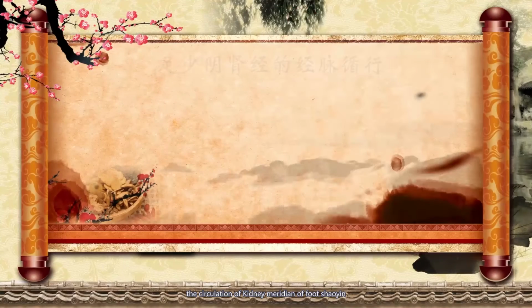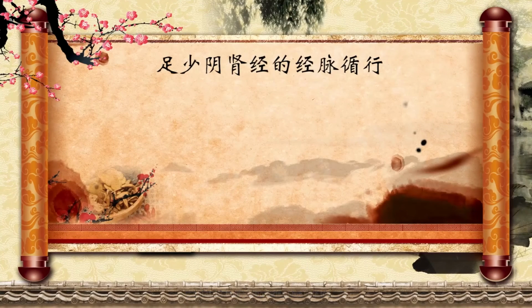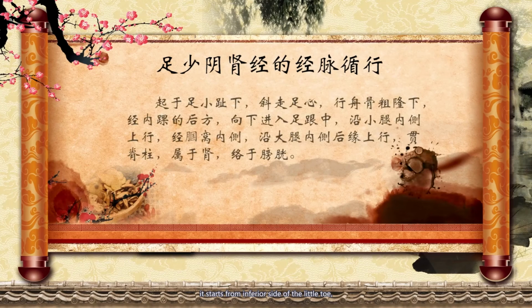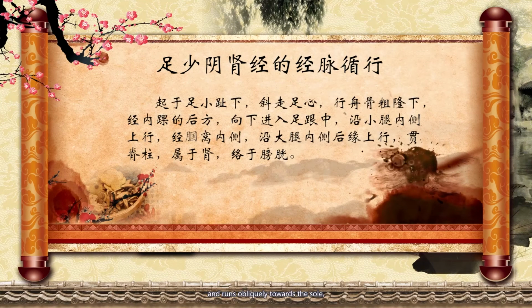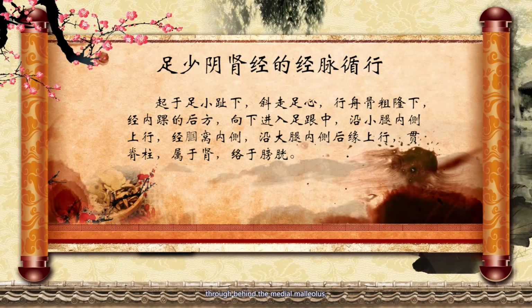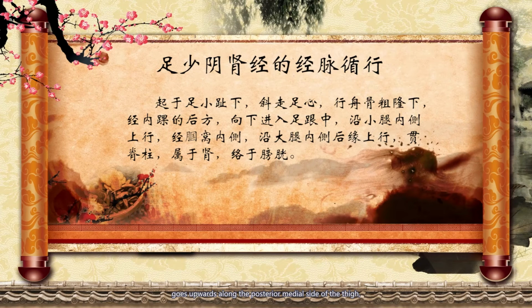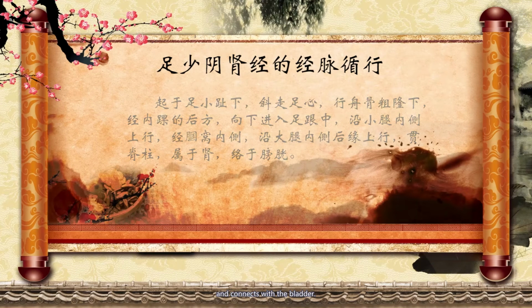The circulation of the kidney meridian of foot Shaoyin starts from the inferior side of the little toe and runs obliquely towards the sole, runs under the tuberosity of the navicular bone, through behind the medial malleolus, down into the heel, ascends along the medial side of the calf, through the medial side of the popliteal fossa, goes upward along the posterior medial side of the thigh, through the spinal column, pertaining to the kidney and connected with the bladder.